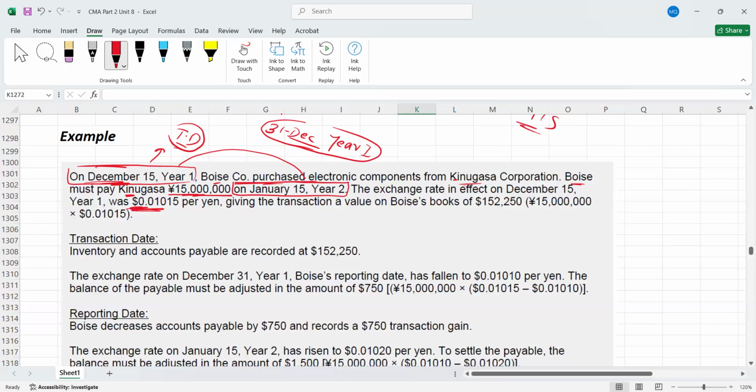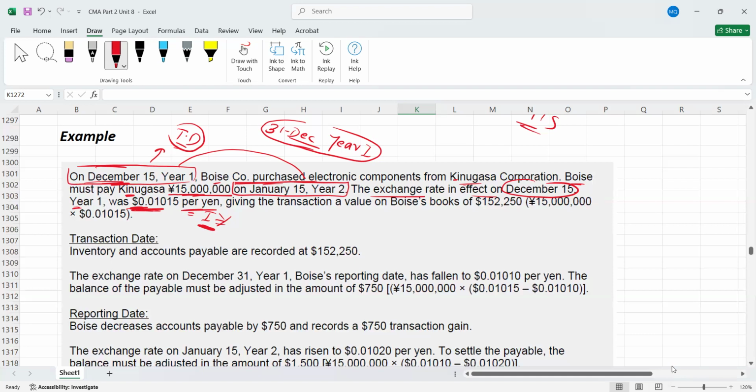The exchange rate in effect on December 15, year 1 was 0.01015 dollar per yen. It means 1 yen is equal to 0.01015 dollar.